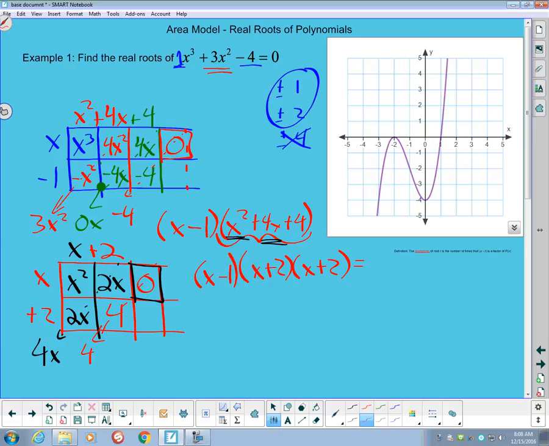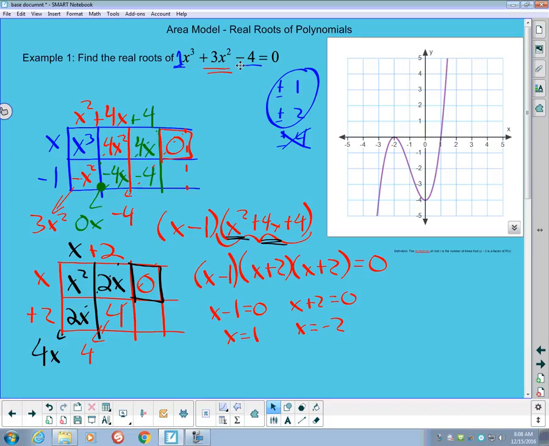That was all equal to 0, so using our zero product property, we can say that either x minus 1 has to equal 0 or x plus 2 has to equal 0. So x equals 1 and x equals -2 are the real roots of this polynomial.